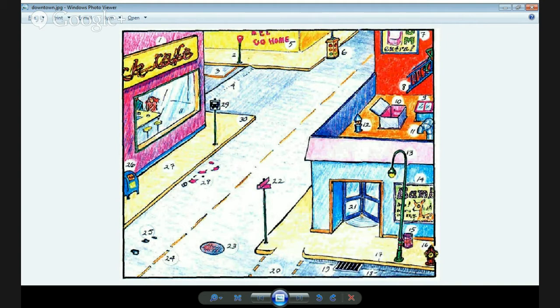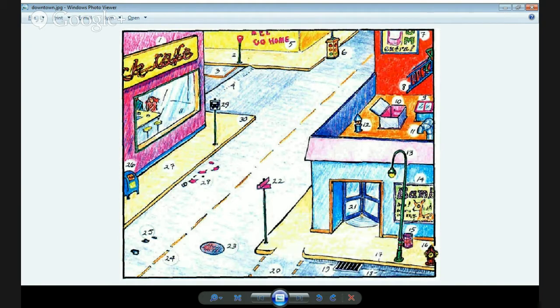Natalia, where's the neon sign in the map? Where's the neon sign? Can you repeat? Sure. Where is the neon sign in the map? The neon sign. Where is it? Neon sign? What does it mean?